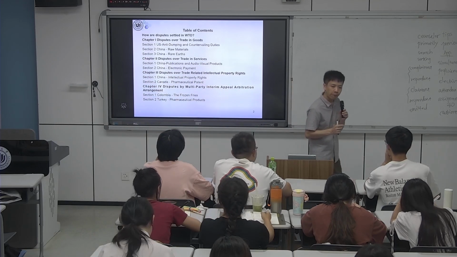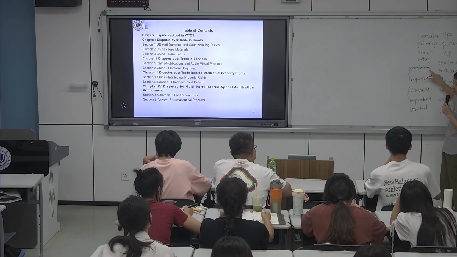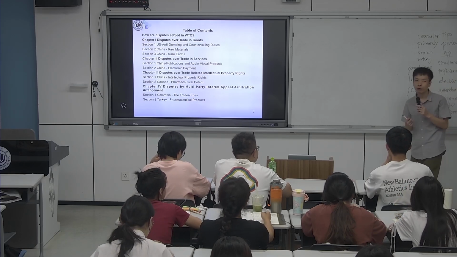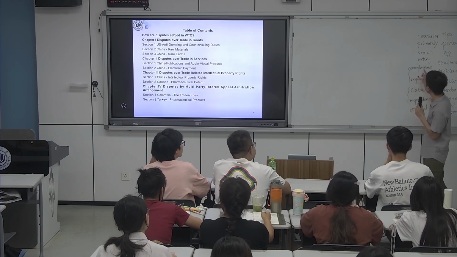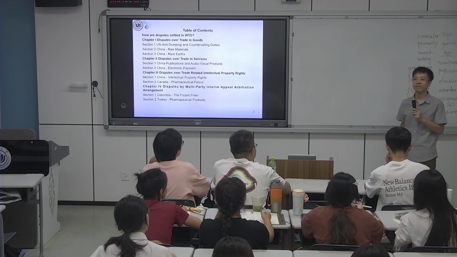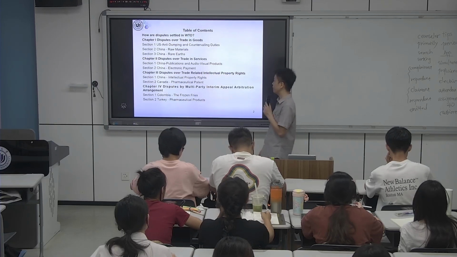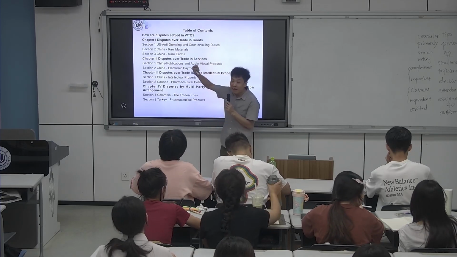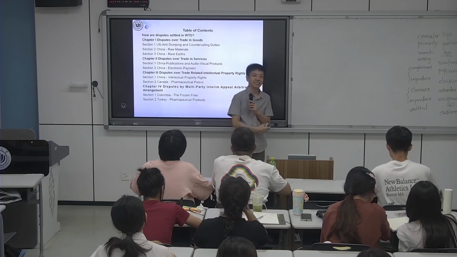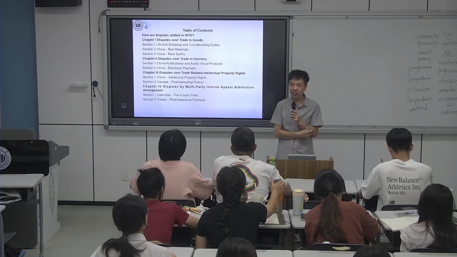Complainant. What's the verb form of complainant? Complain, right? 投诉, 抱怨. Complainant means the person who complains. Good. So there are 6 cases concerning China.